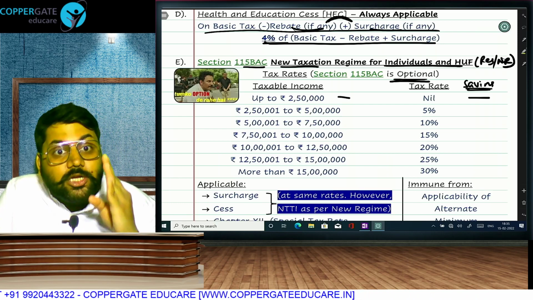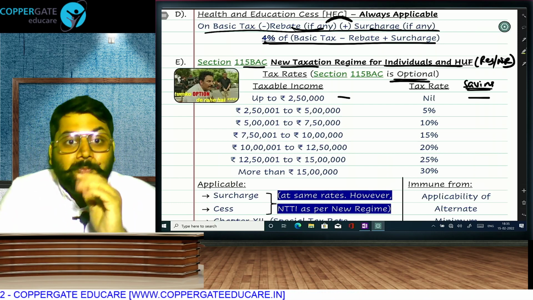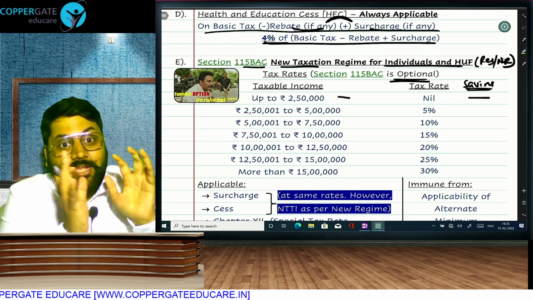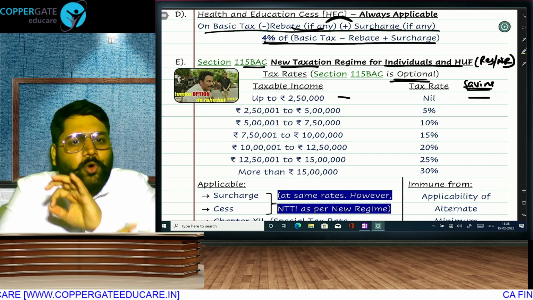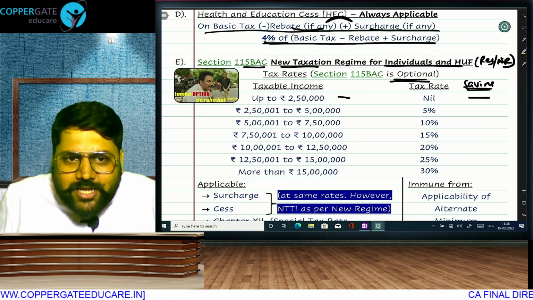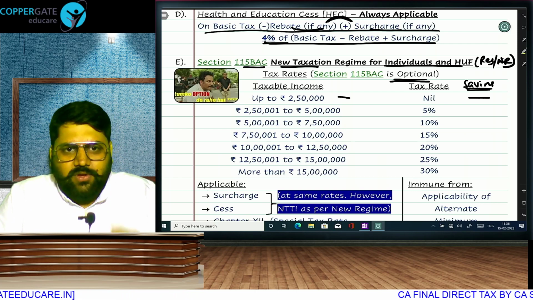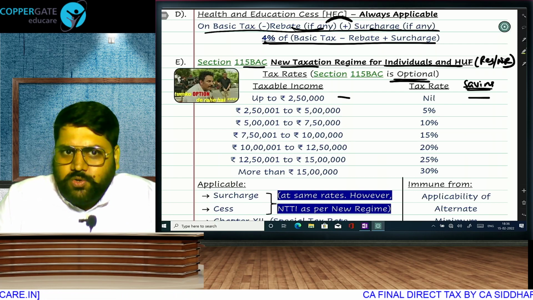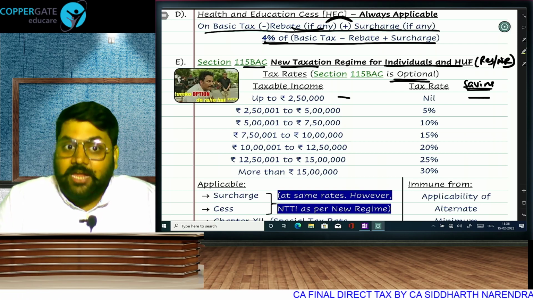In fact, senior and very senior citizens have a loss now, because they have a higher basic exemption limit if resident in the old regime, but here, for all individuals, all HUF, the basic exemption in the new regime is going to be 2,50,000 rupees. In fact, they have a loss.